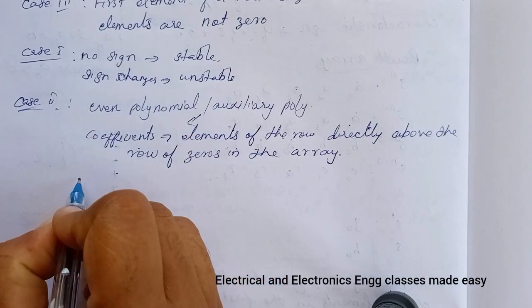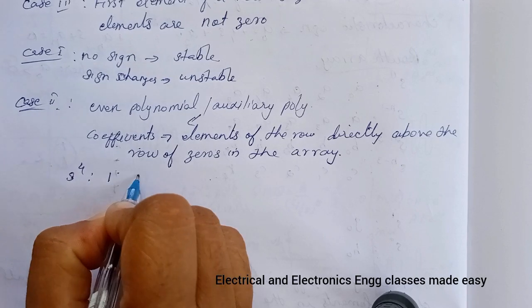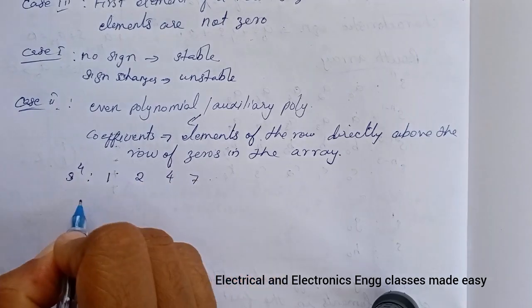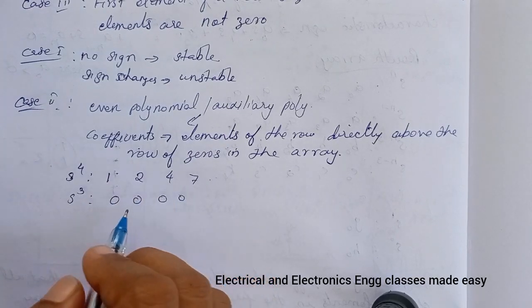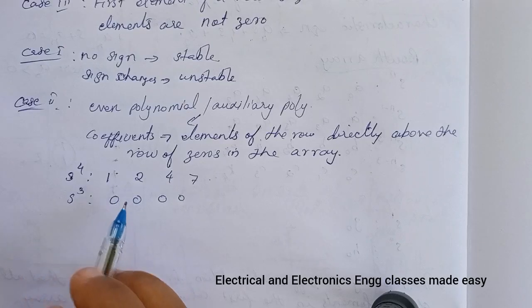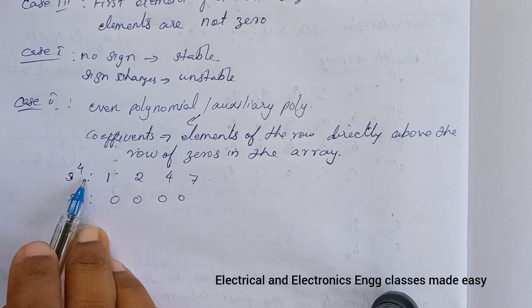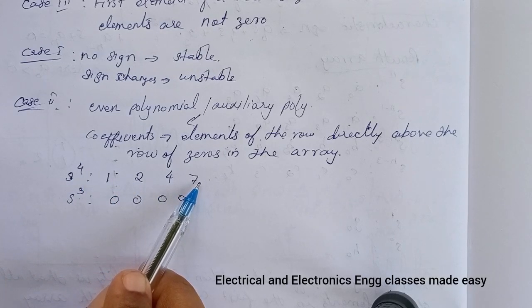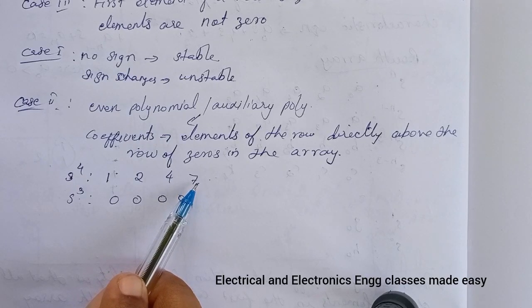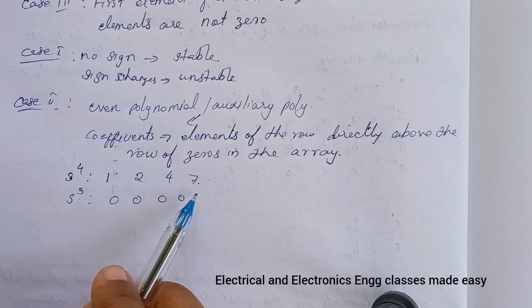That is, if s raised to 4 is like 1, 2, 4, 7, then s raised to 3 is 0, 0, 0. So here the row above s raised to 3, that is s raised to 4, represents the coefficients of the auxiliary polynomial. And by solving this auxiliary polynomial, we get the roots.